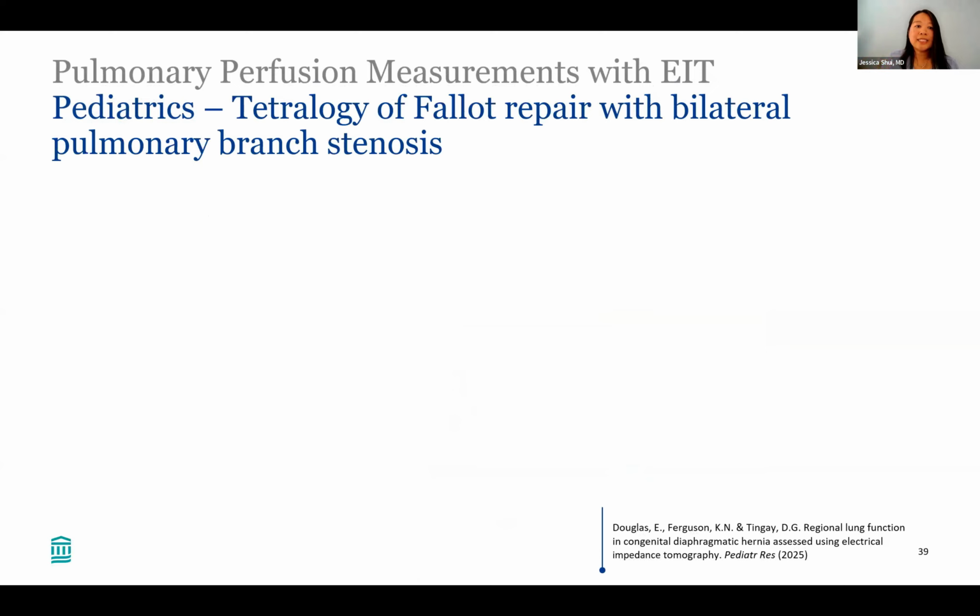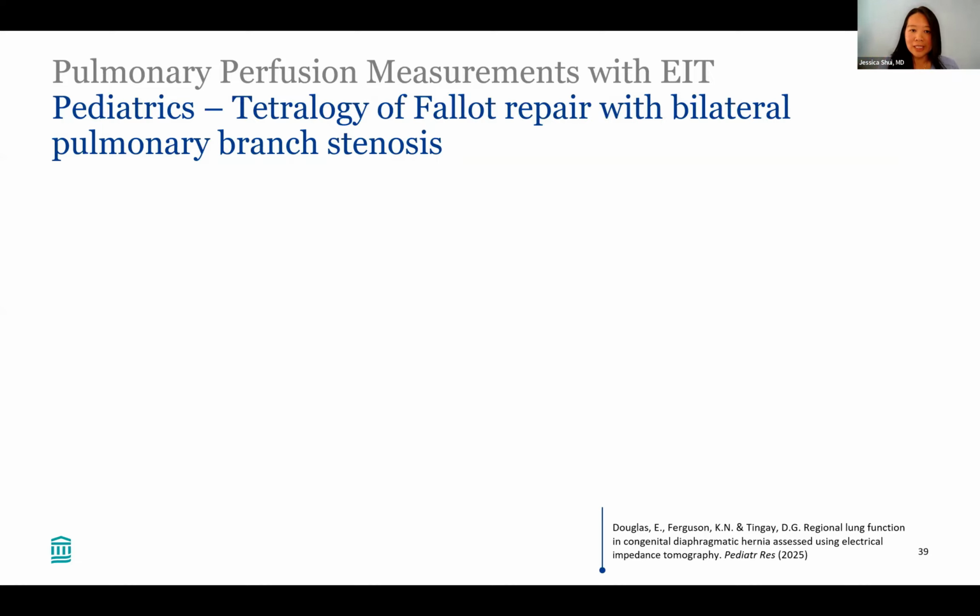And then this last case I want to go over, which was recently reported: you think about who else would benefit in our neonatal population from really understanding their pulmonary perfusion. Well, it's our patients with congenital heart disease, depending on the physiology, of course.